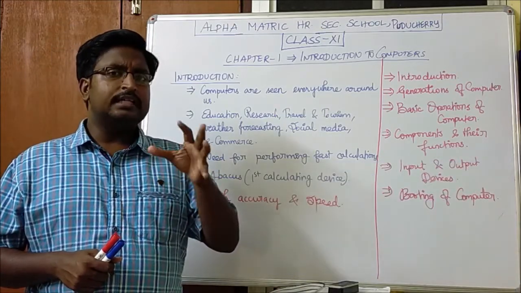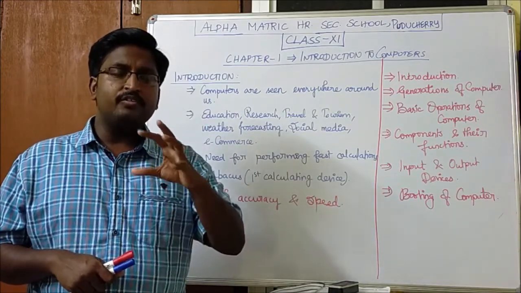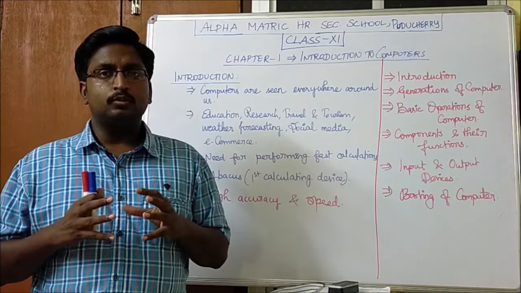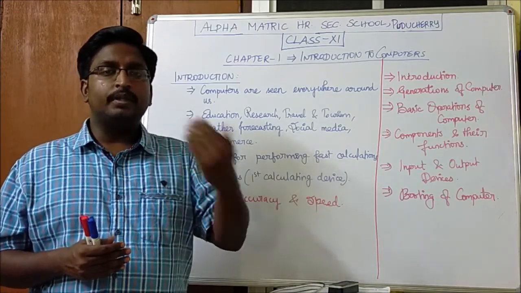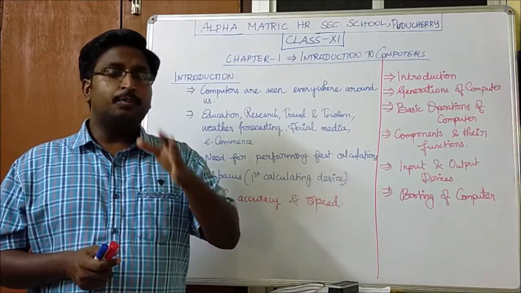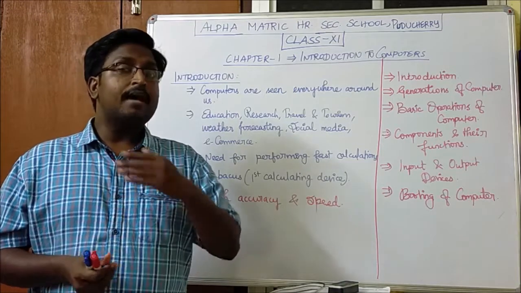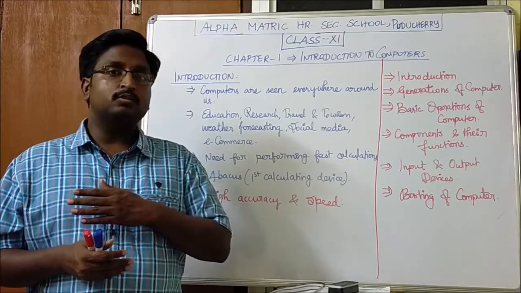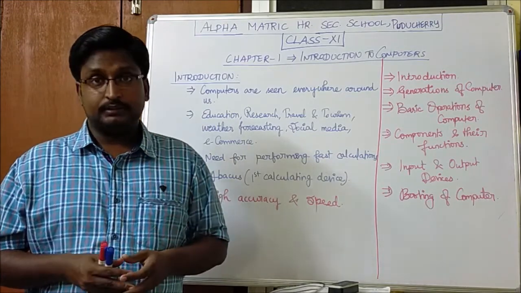So why is there a necessity to develop a device called the computer? What makes humans think to develop a device, and to depend on a device? Because they need to perform calculations at a faster rate. In manual work, the calculation was very slow and prone to errors.